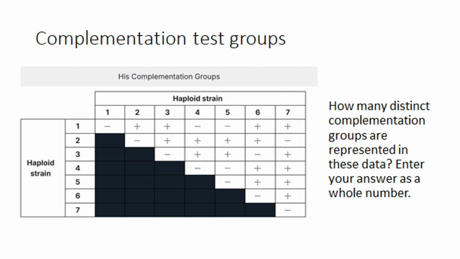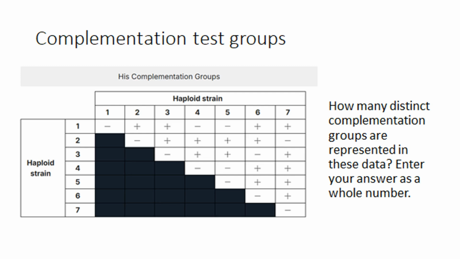As we know, yeast can be haploid or diploid, so we begin with haploid strains, divide them into groups, and cross between these groups.